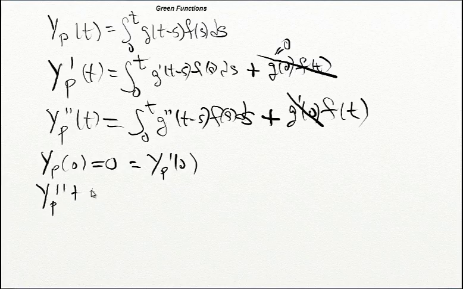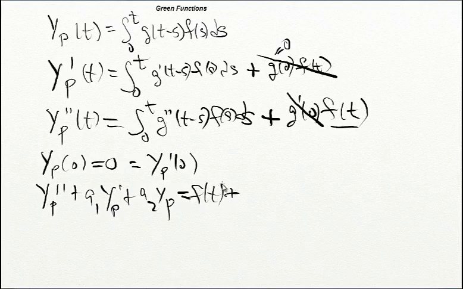Yp double prime plus a1 yp prime plus a2 yp. You see very quickly it's going to have this term f of t plus an integral from 0 to t.